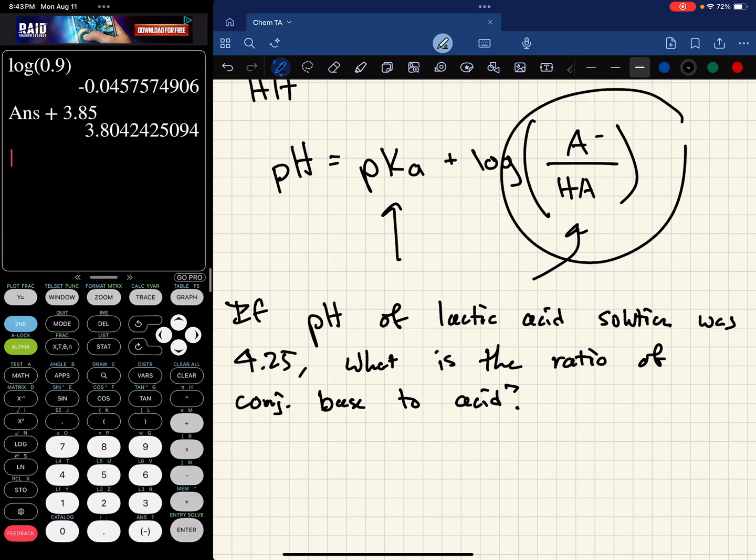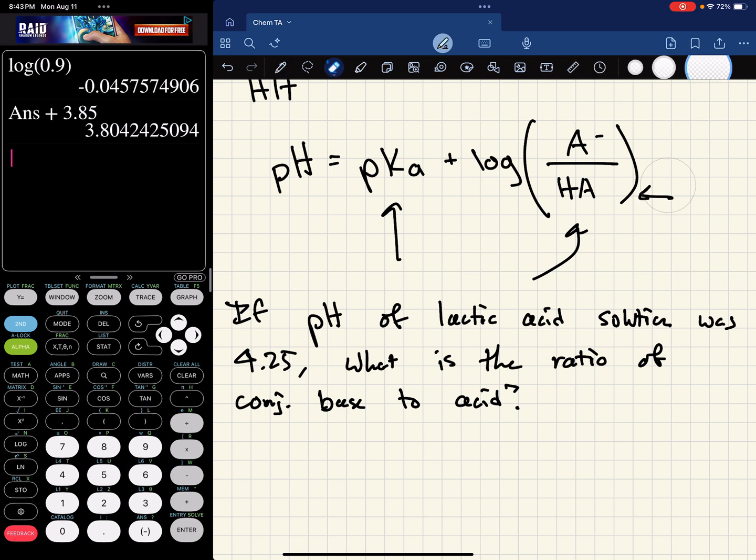That's what this ratio is. We have in our equation the A minus, remember that's our conjugate base when it's dissociated, and HA, this is just representing our acid. So our acid dissociates and this is the conjugate base. It's the ratio of how much base we have to the acid. And the less base we have, the more acidic it's going to be because we have less base but more acid.